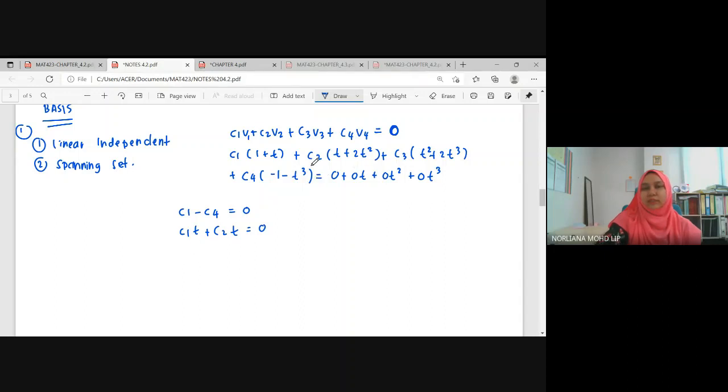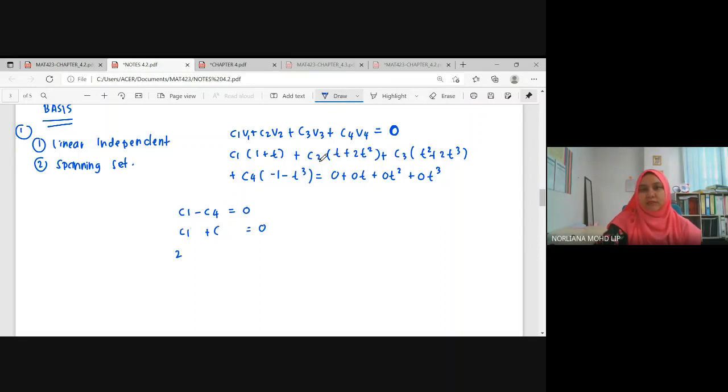Yang ketiga, third equation is for degree 2. c1 tak ada, c2 ada 2. Ni t ni tak payah awak tulis, coefficient je. Jangan masukkan t dia. Macam tadi t ni 1 kan. So 1 c1 lah.